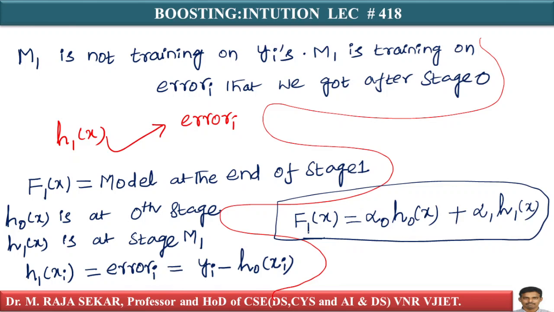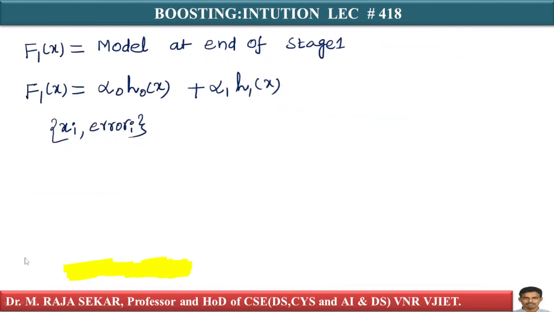At stage 2, I will again take each of my xi. Just the model at the end of stage 1. Which one is the model at the end of stage 1? This is the model at the end of stage 1.